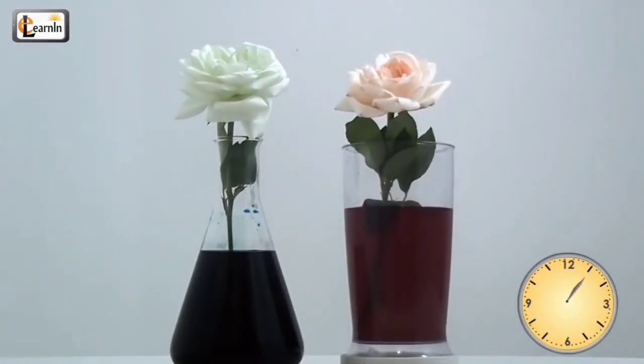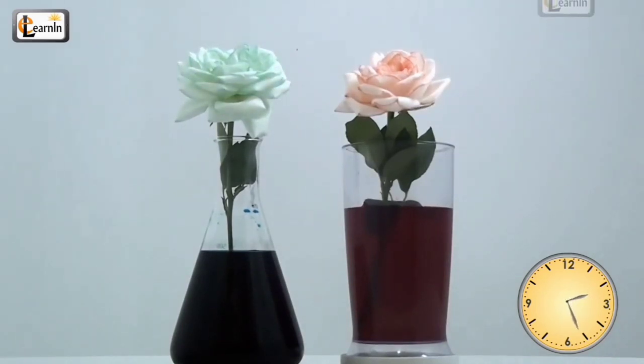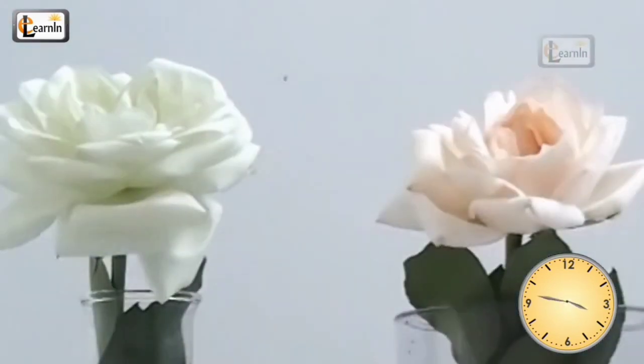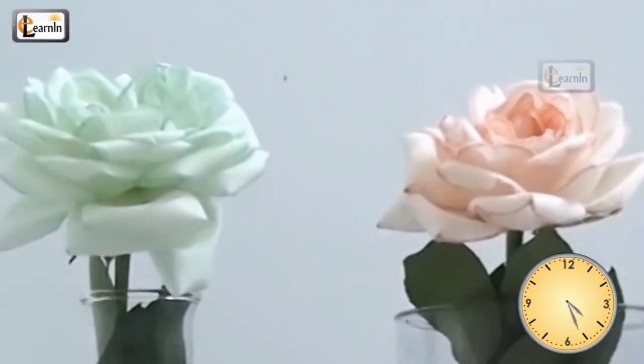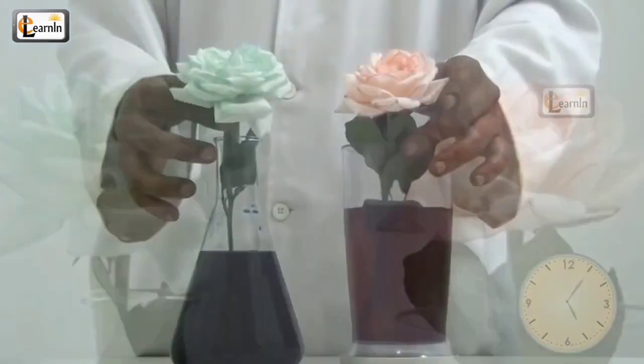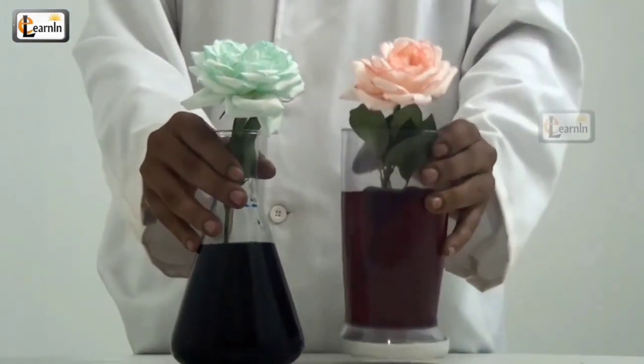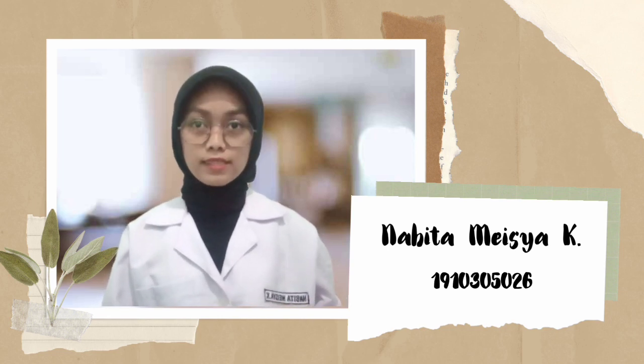Thirdly, leave it for 6 hours and make an observation of the flower once every 1 hour. Observe the color change that occurs, and after 6 hours, the original white flowers will be colored. Okay, that was the practicum about osmosis in plants.